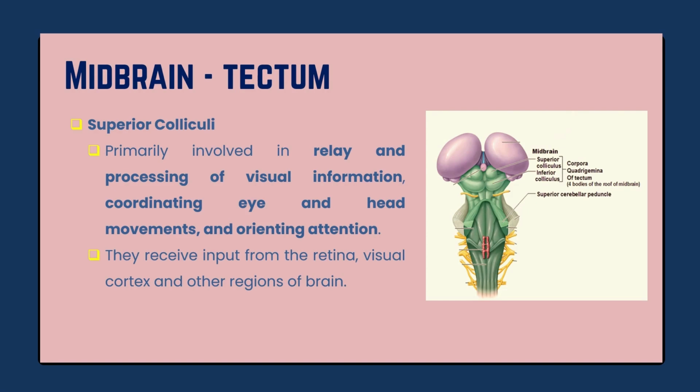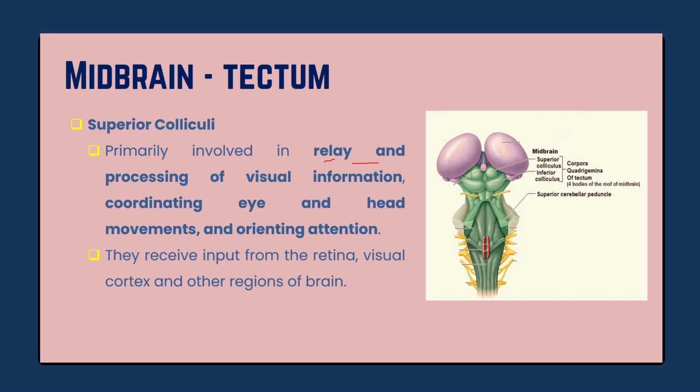So I told you about the example, right? When you see something flying above your head, but you don't know exactly what flew away. Your receptors take that information to the brain, the midbrain basically, and the midbrain tells your eyes to move. But is it enough that only your eyes move?